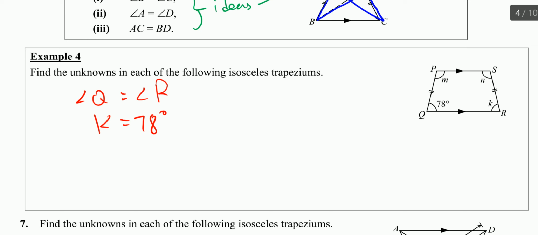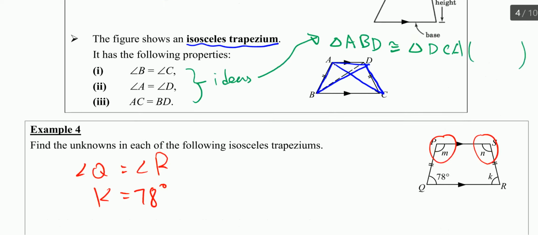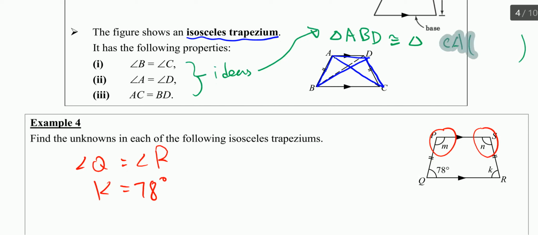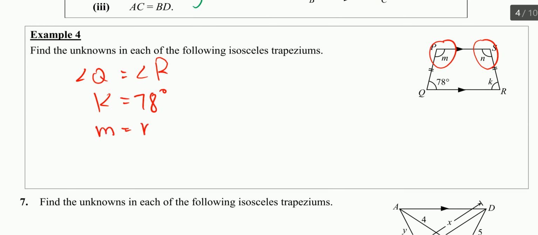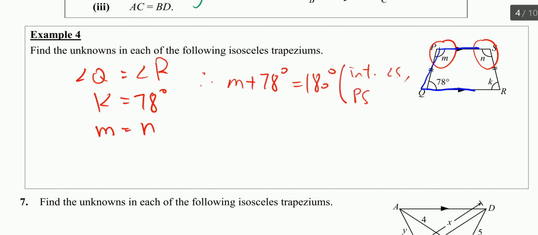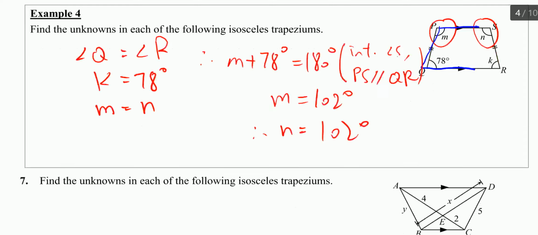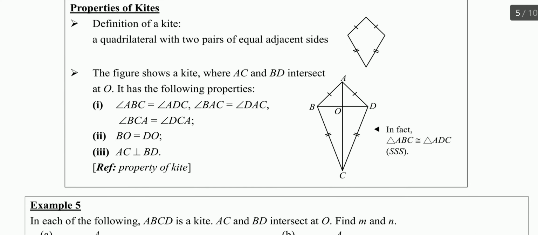One more thing is that the two base angles must be equal, so M also equals N. Since PS and QR are parallel lines, M plus 78 degrees equals 180, the reason being interior angles, PS parallel to QR. Then M equals 102 degrees, and so N also equals 102 degrees.